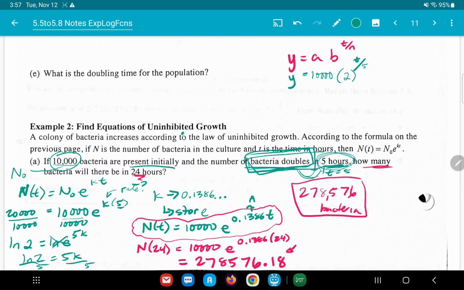And now we have a basic formula. All you got to do now is just say, if I want to find out how much bacteria I'll have in 24 hours, I simply just plug 24 right into the t, and there you go. That's your formula. You just put that into your calculator and see what you get. Okay, so let's go ahead and do that.